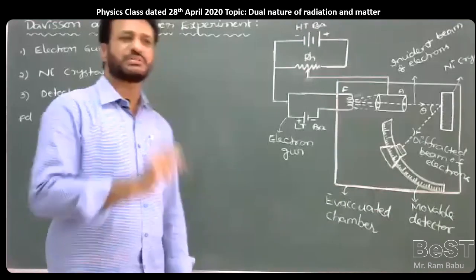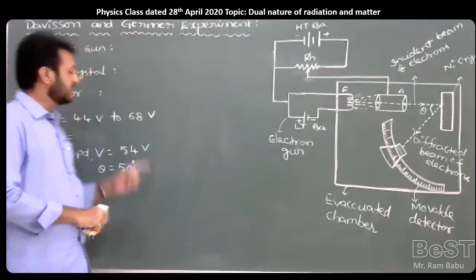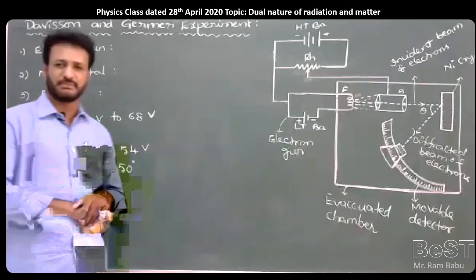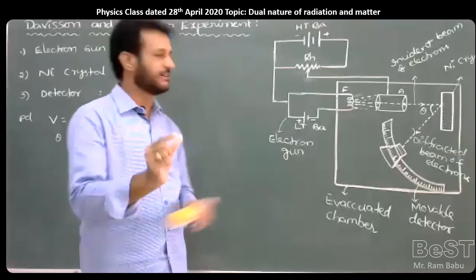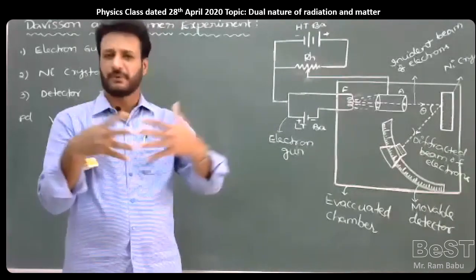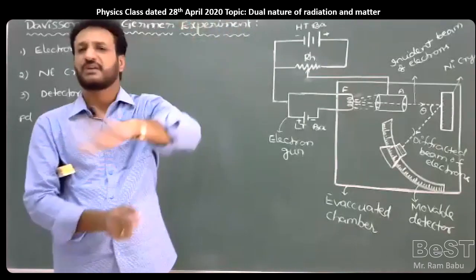Maximum current means the intensity of the wave is also maximum, meaning all the electron beams scattered from the nickel crystal are superposed, and they give the highest peak of the curve we observed.